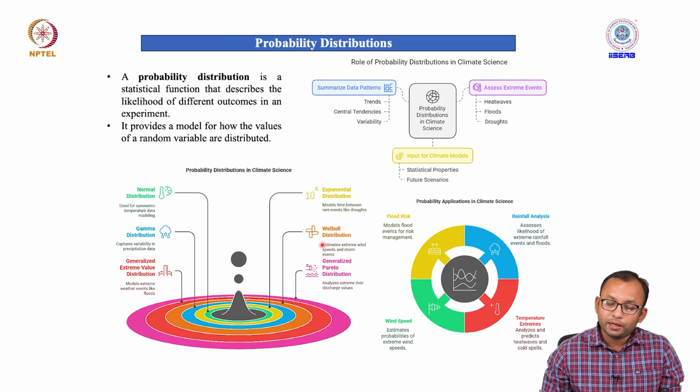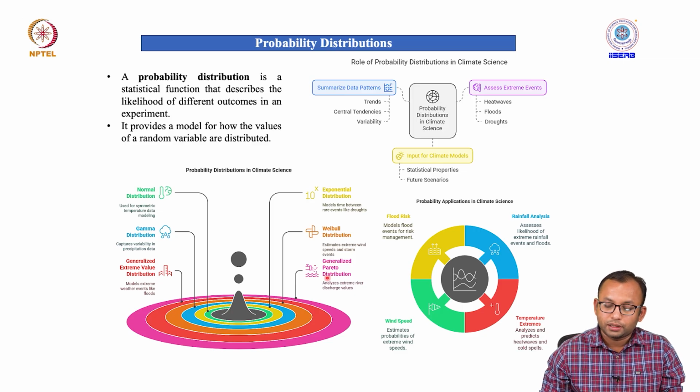Then we also have the Weibull distribution, which is a part of the GEV family and is also used for extreme value analysis, extreme event categorization, or understanding the probability of those events. Then we have the generalized Pareto distribution, which is used for analyzing extreme river discharges or other threshold based analysis.